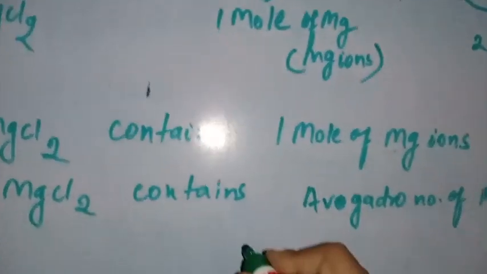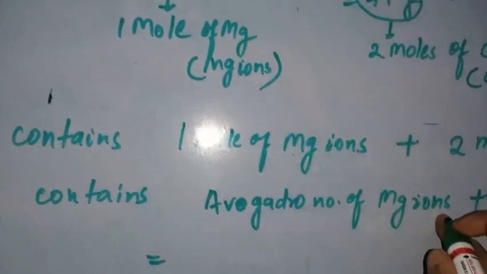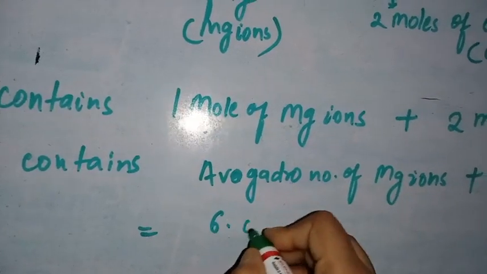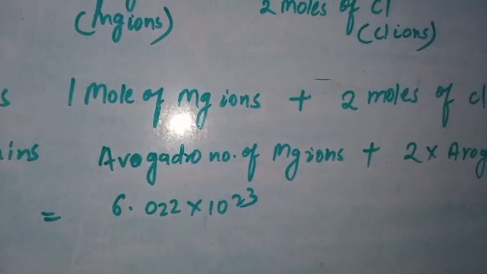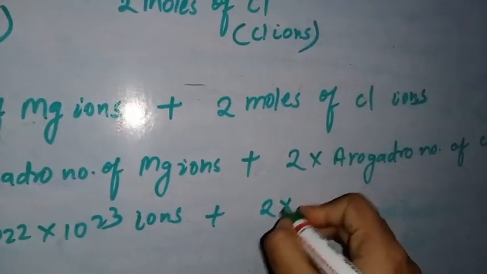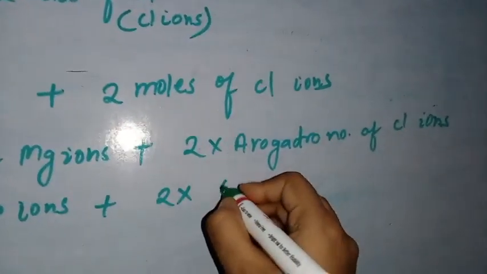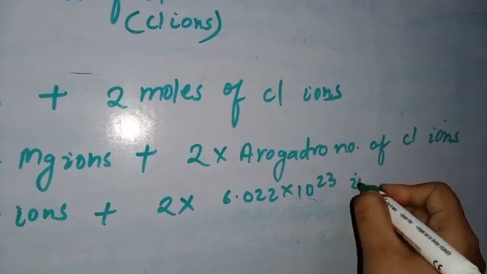Okay, so 1 mole of magnesium chloride will be equal to Avogadro number of magnesium ions, means 6.022 into 10 to power 23 ions, plus 2 into Avogadro number of chloride ions, means again 6.022 into 10 to power 23 ions.